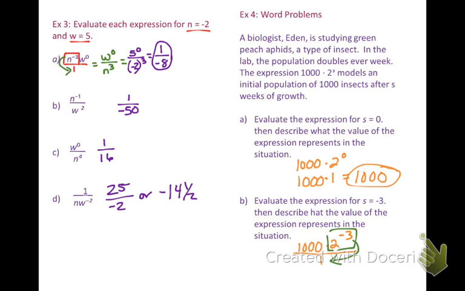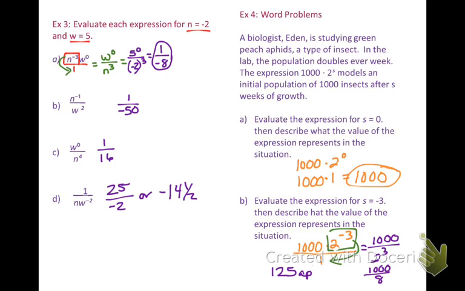Box it down. I need to bring it to the bottom. So it's going to be 1,000 over 2 cubed. And 2 cubed would be 2 times 2 times 2, which is 8. So 1,000 divided by 8. And then you do the problem. 1,000 divided by 8. So there were 125 aphids.